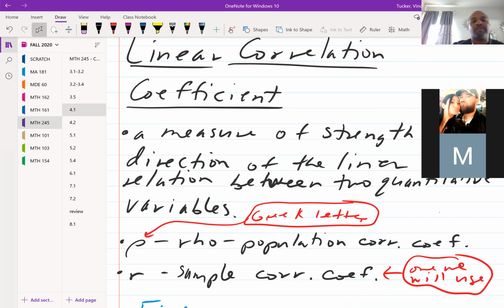All right. Your linear correlation coefficient is a measure of the strength and direction of the linear relation between two quantitative variables.